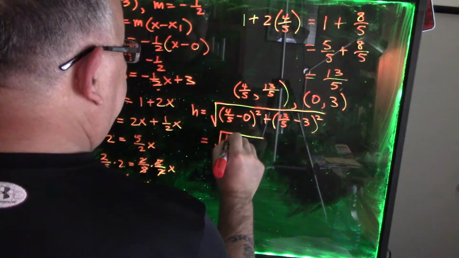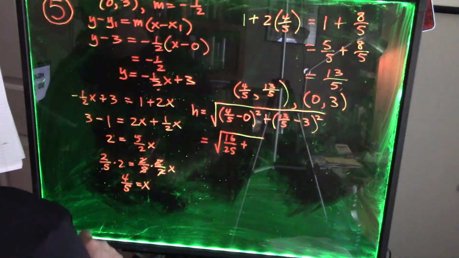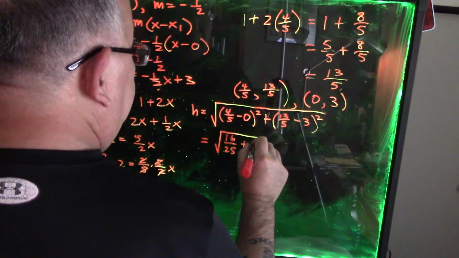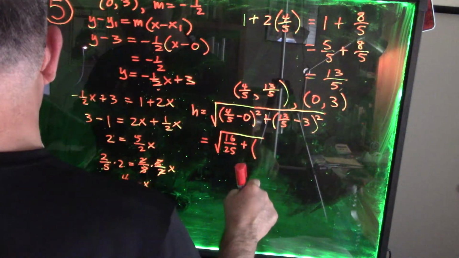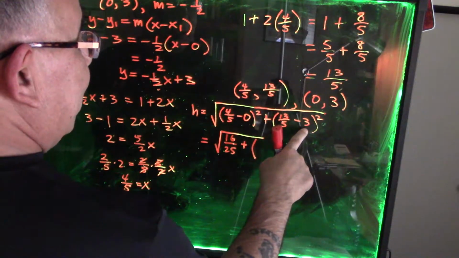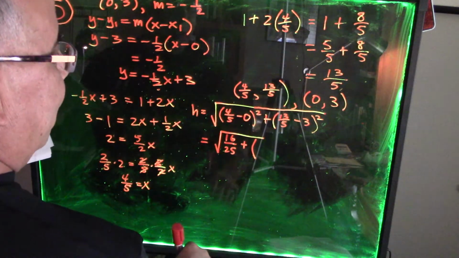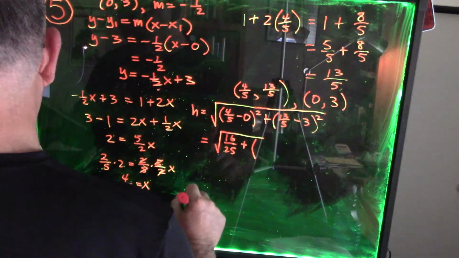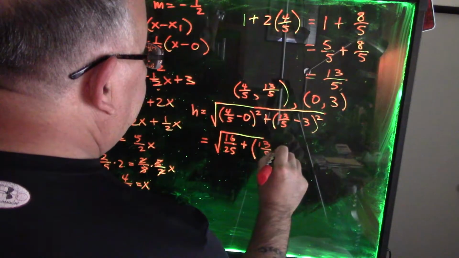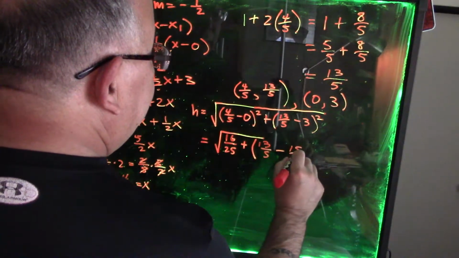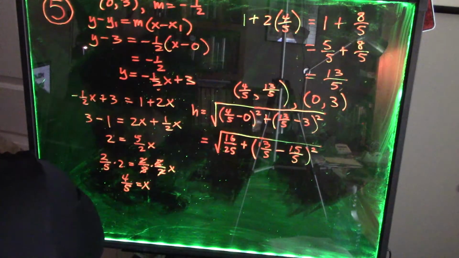Alright, so this is equal to the square root of, all that is just 4/5 squared, which is 16/25. And then this one, we need a common denominator with the 3, so multiply 3 by 5/5. That gives you 15/5. So 3 equals 15/5. So we've got 13/5 minus 15/5 squared.